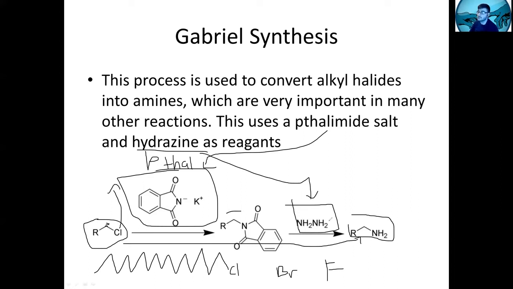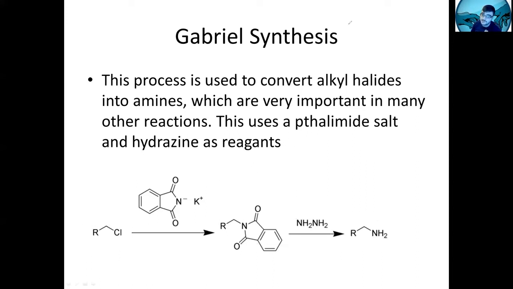And then you just do NH2, which is hydrazine, and it comes in and one of these NH2 will replace this, and the other one will basically get rid of this bulky group and put an NH2 in there instead. Okay, very easy, very simple.